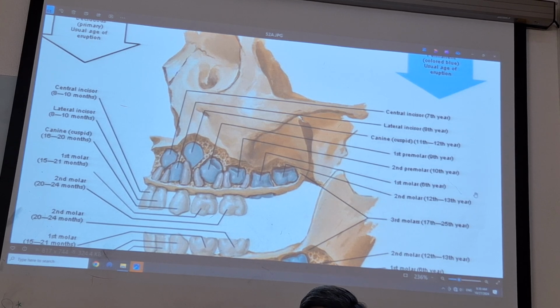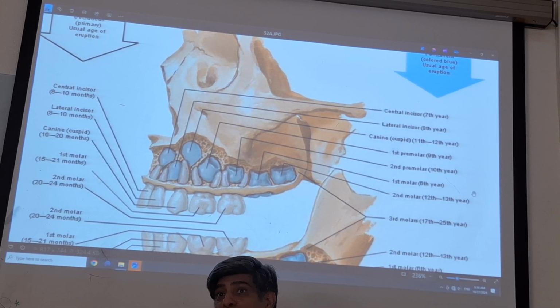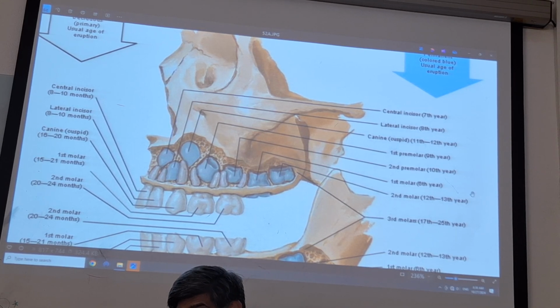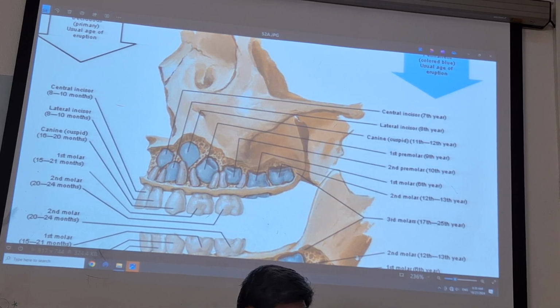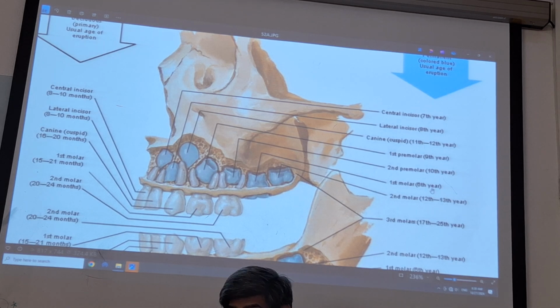Okay, which permanent tooth has the soonest eruption? This one, the first molar.